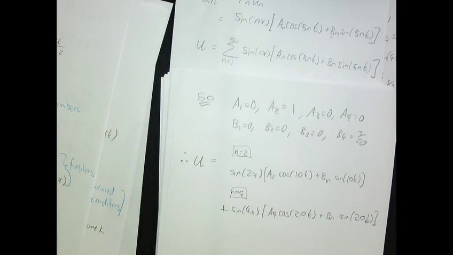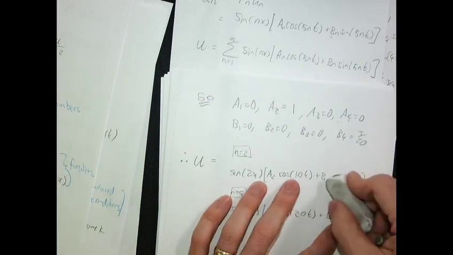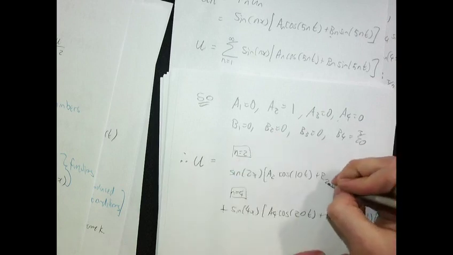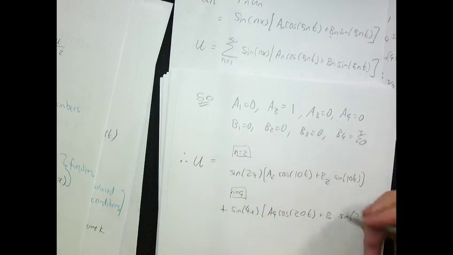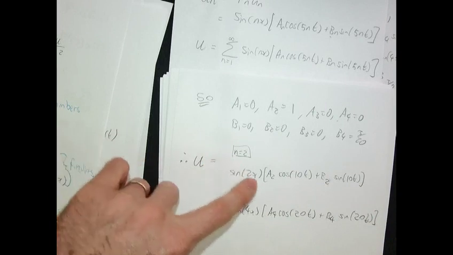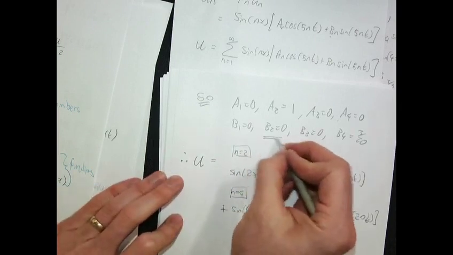I get that. And now I can sub in the values of A2. Sorry, that's not an n, that's a 2. I'm specifically using n equals 2 all the way along and n equals 4 all the way in this. And the reason I've chosen those ones is that these are the only ones that actually have any non-zero values.